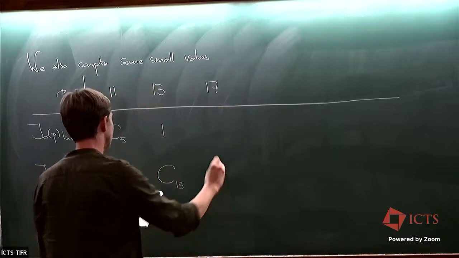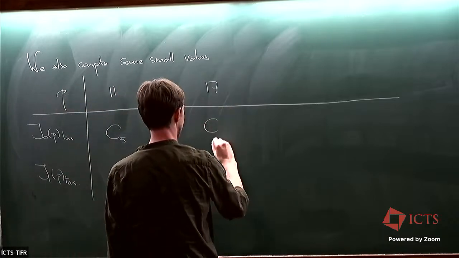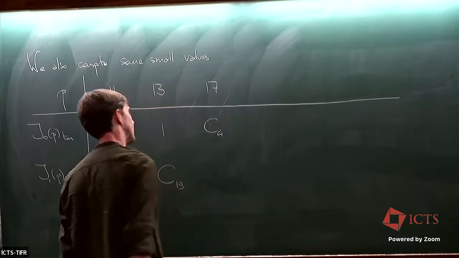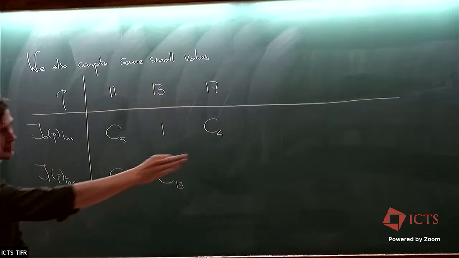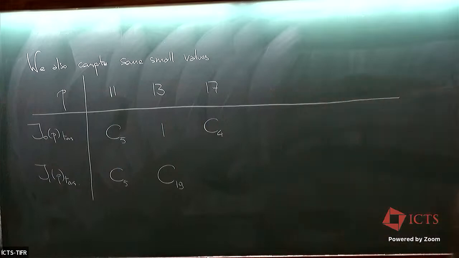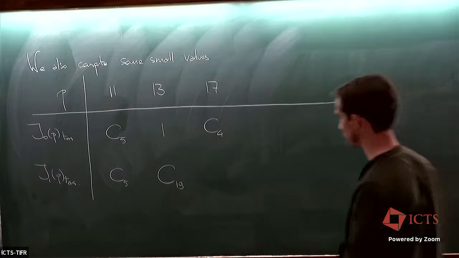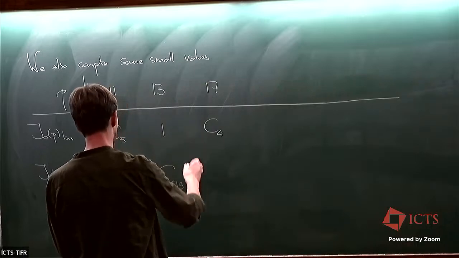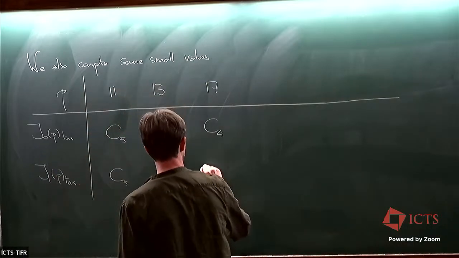For 17, X0(17) is actually an elliptic curve. And you get a cyclic group of order 4 exactly by this formula again, right? So 17 minus 1 divided by 12, well, that's 4 divided by 3, and the numerator of that is 4. So the order is exactly 4. For X1(17), it's a lot funkier.